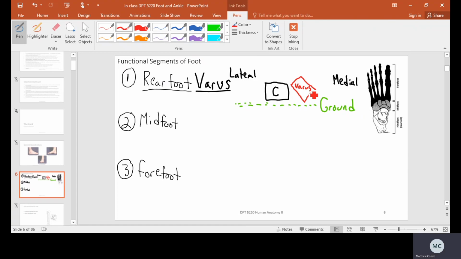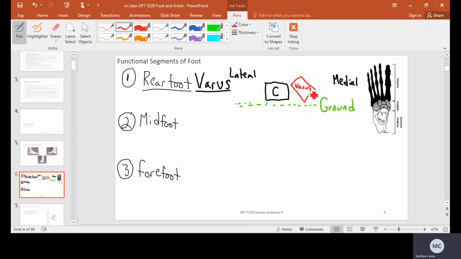Now my advice is, as we're going through these motions, start doing them on yourself. Because what you're going to see is, when I perform rear foot varus, what happens to the rest of my foot? Try that. If I put the lateral portion of my heel on the ground and the medial portion is up, what do we call that motion?